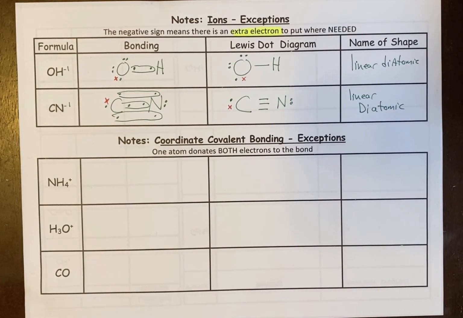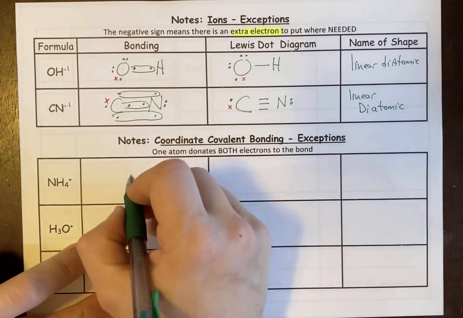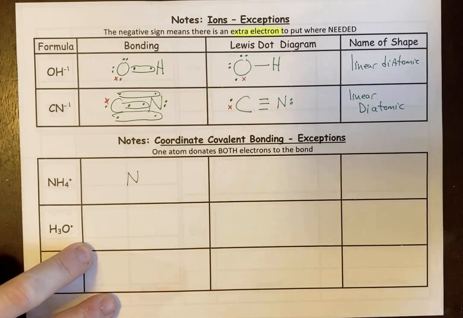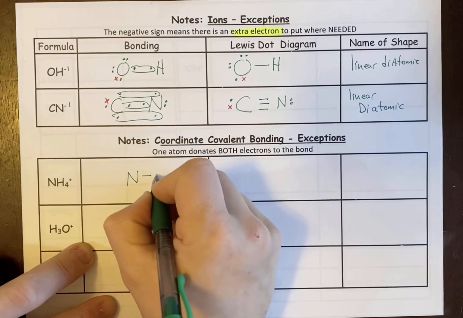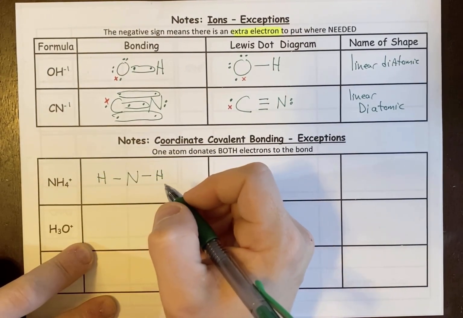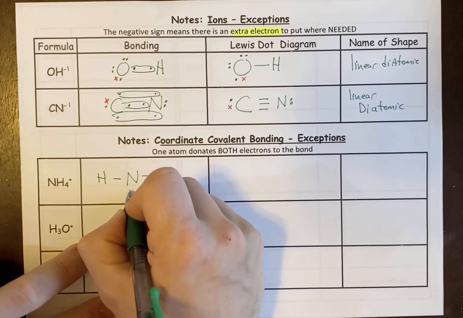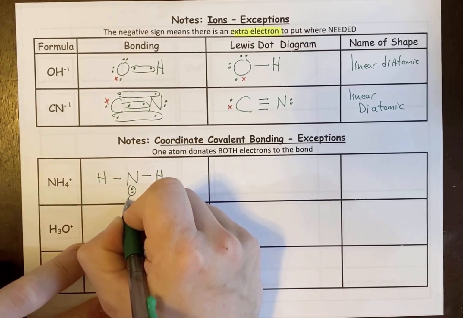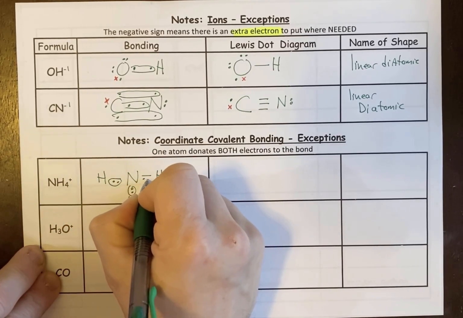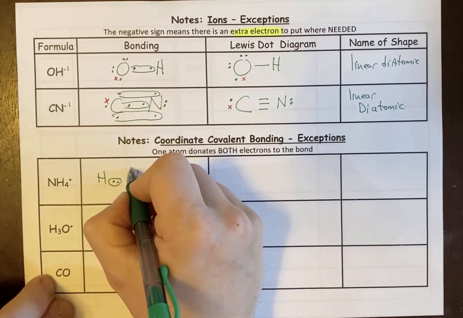Now, coordinate covalents are a little different. They don't have charges. Well, they don't have negative charges. So what ends up happening with a coordinate covalent is this. You start out with the base molecule, which is going to look like this guy, which is going to be NH4. So I'll do the whole thing. There's my molecule.